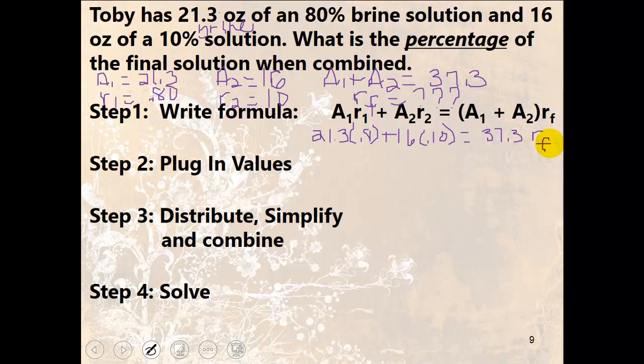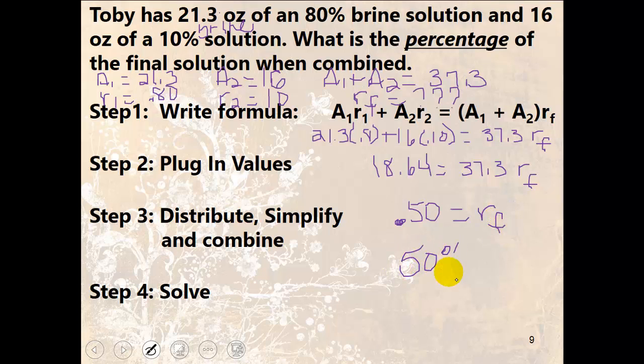So when I multiply these out and add them together, I get 18.64 is equal to 37.3 times my final rate. And when I divide that, I get 0.50. Or we could write it as a 50% brine solution.